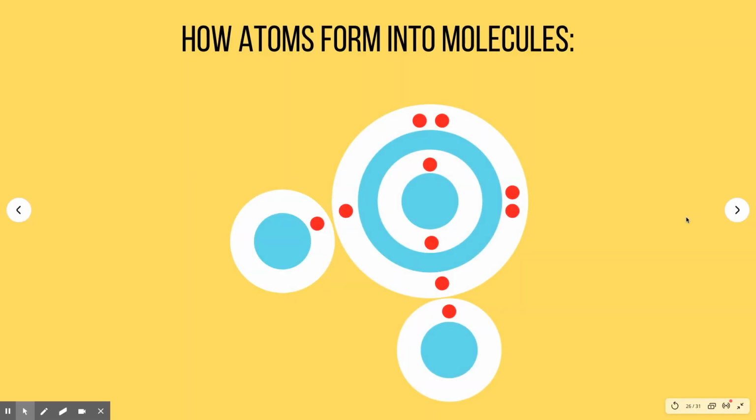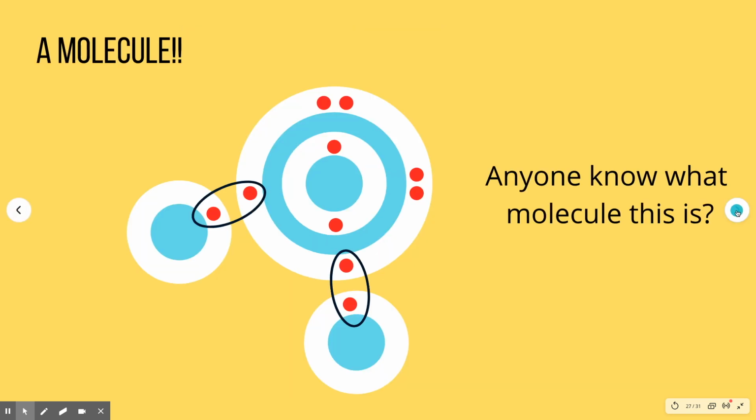And when they share their electrons with each other, poof, a molecule forms. So now oxygen originally had 6 electrons on its outer shell, but now it has 1, 2, 3, 4, 5, 6, 7, 8. 8 electrons for a complete shell.